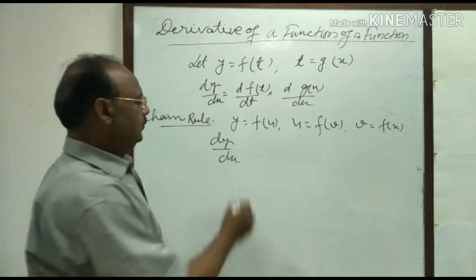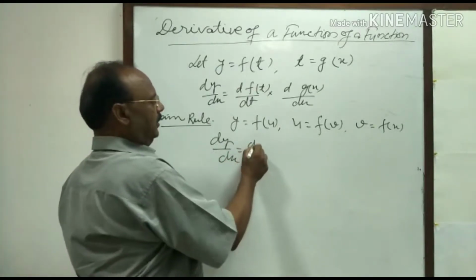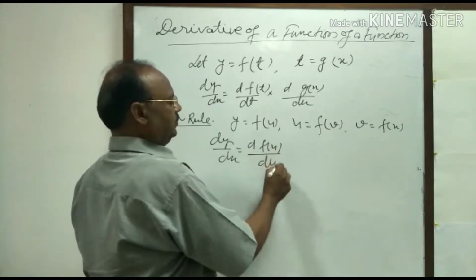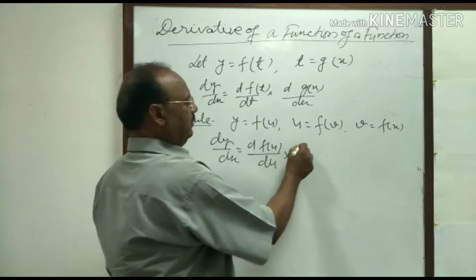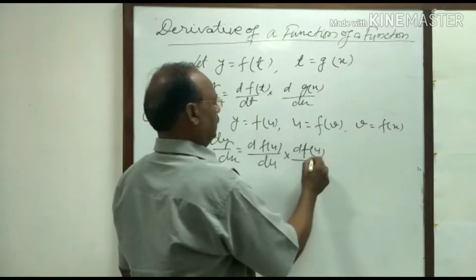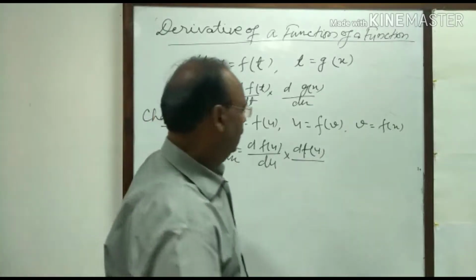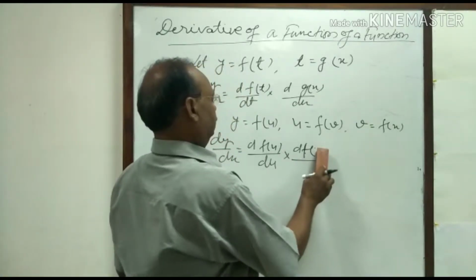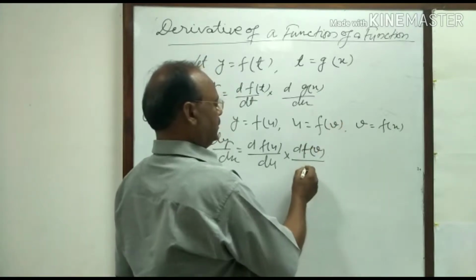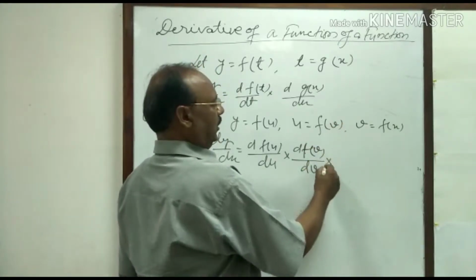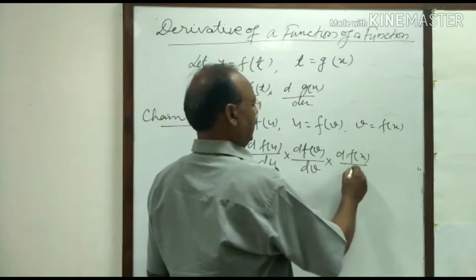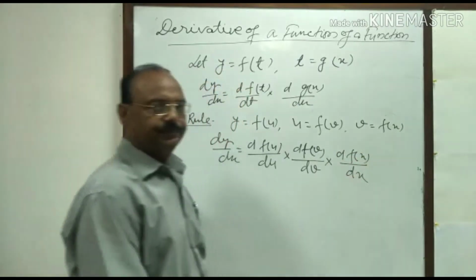Then we will get it by multiplying derivative of function of u with respect to u into derivative of function of v with respect to v into derivative of function of x with respect to x.